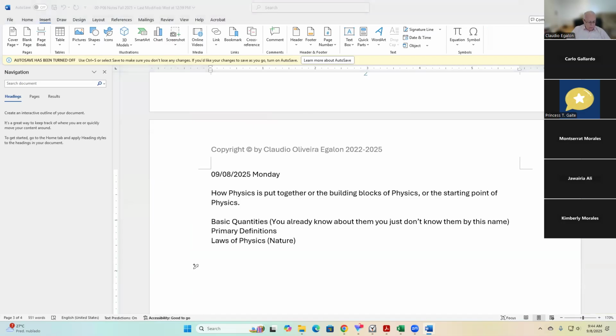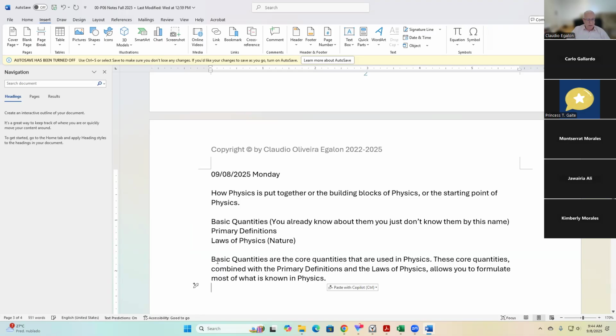Let's start with the basic quantities. They are the core quantities that are used in physics.